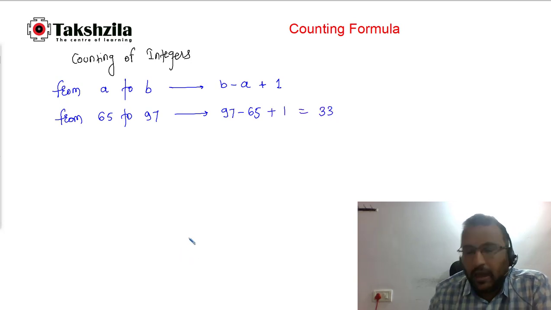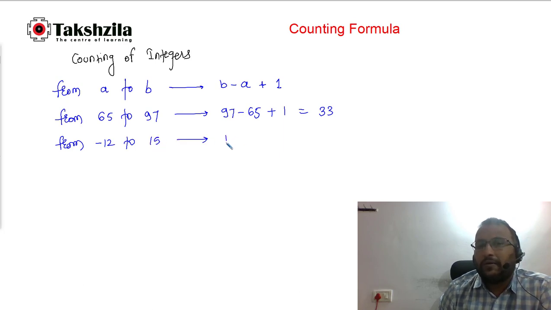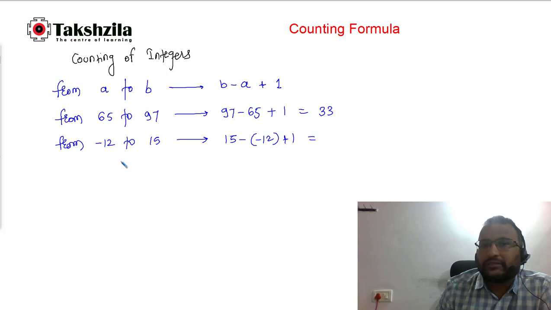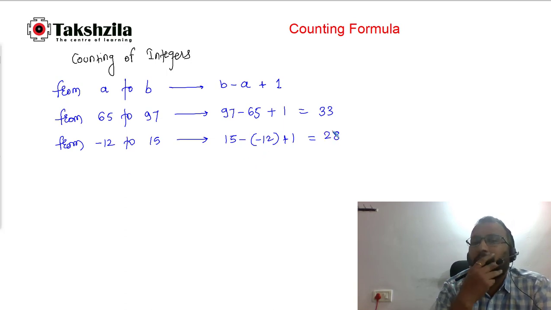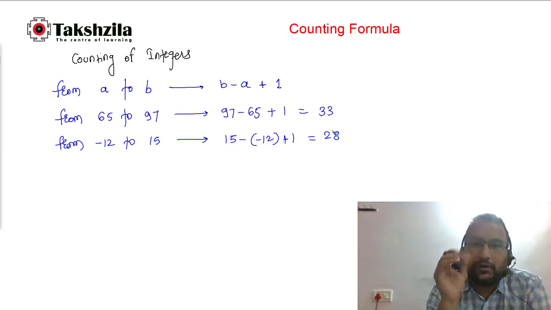If I want to find how many integers are there from minus 12 to 15, you do the bigger number minus the smaller number, the difference, and then plus 1. This is equal to 27 plus 1, 28 integers from minus 12 to 15. Over here both are included.